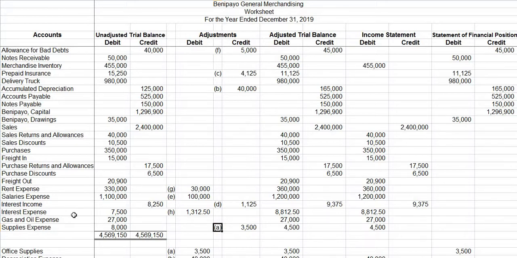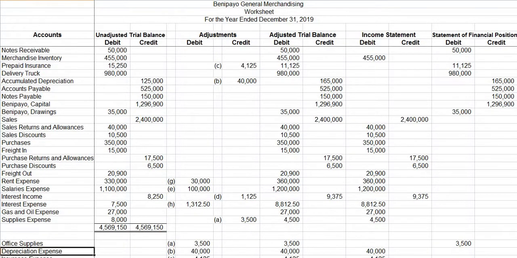No. Therefore, we need to write depreciation expense below office supplies. There it is now. And not to forget the amount, 40,000 here on the debit column of the adjustments columns.